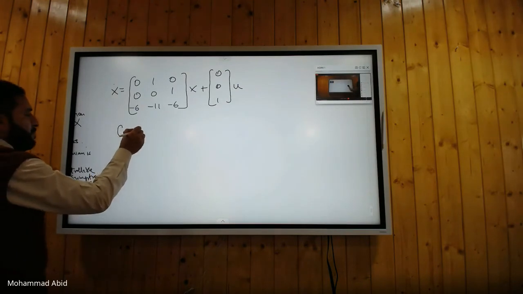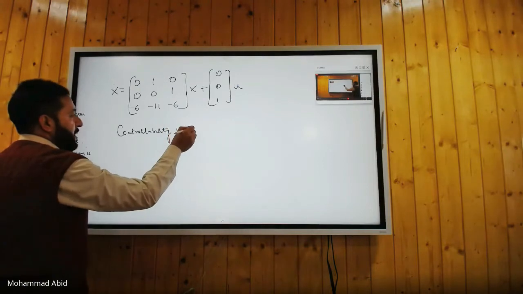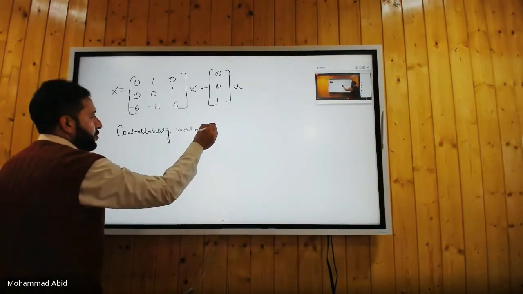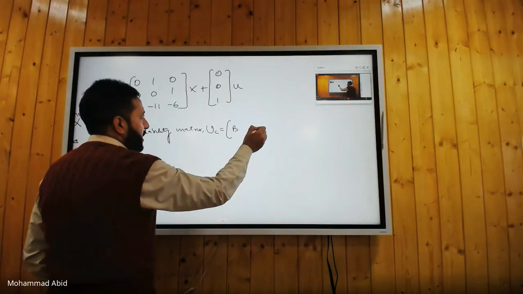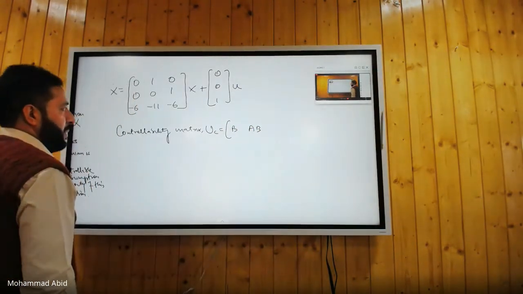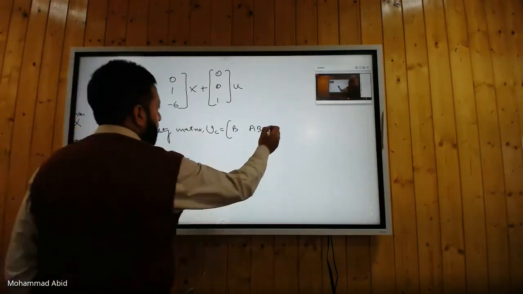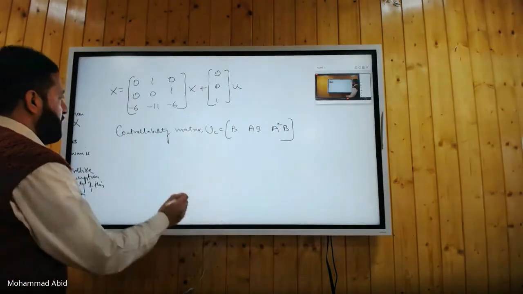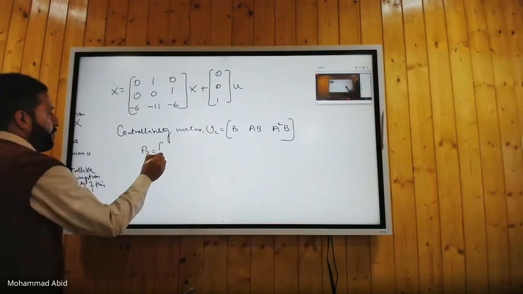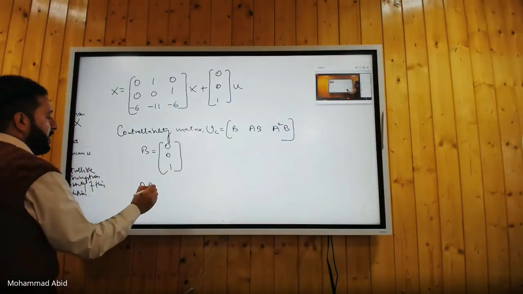We'll define the controllability matrix, that is Uc, that will be B, AB, up to A to the power n minus 1 B। इसमें n क्या है? 3। तो इसमें तीसरा वाला कॉलम लास्ट वाला कॉलम होगा, that is A squared B, isn't it? B तो पता ही है आपको, B is equal to [0 0 1], तो पहला कॉलम तो इसका दिया हुआ ही है। Then AB, isn't it?